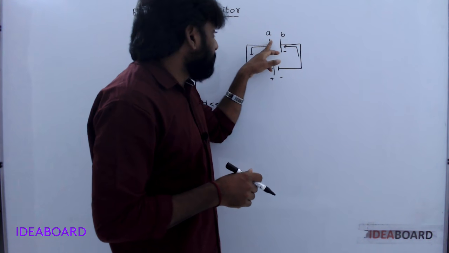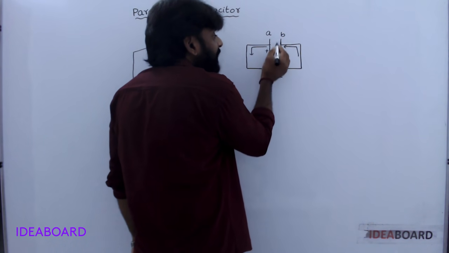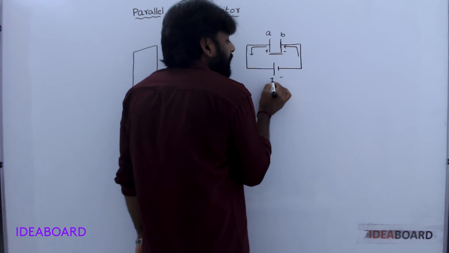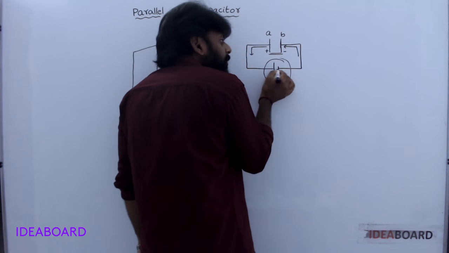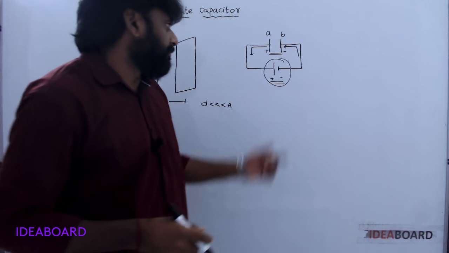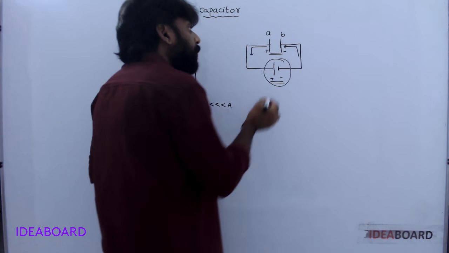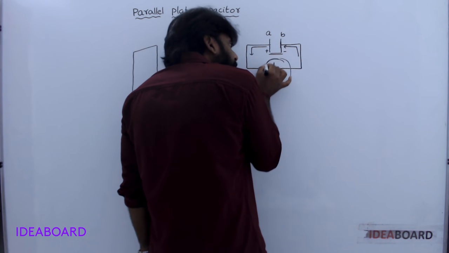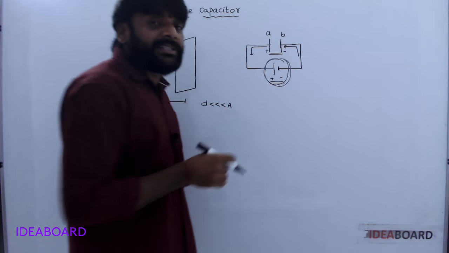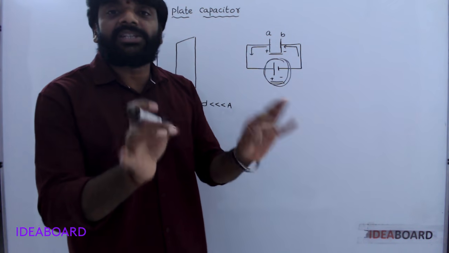After a certain time, the potential difference between these two plates is equal to the potential difference between the battery terminals. That means the capacitor is fully charged.